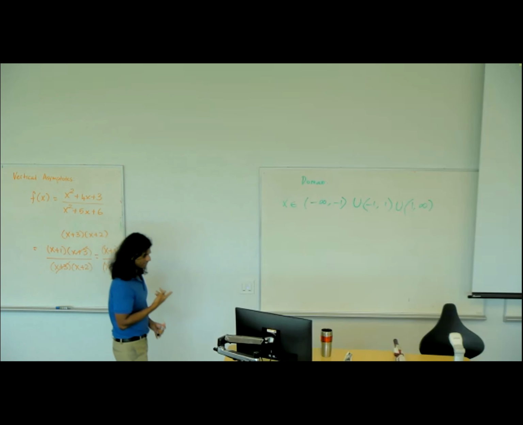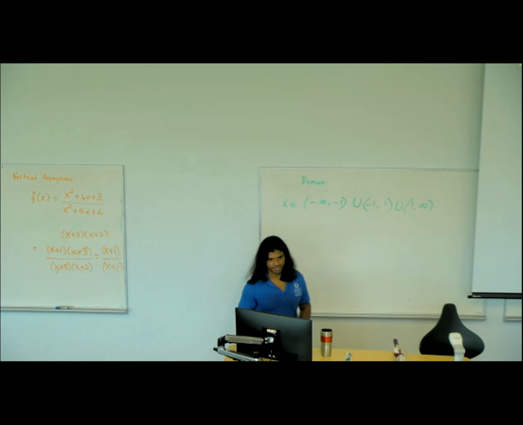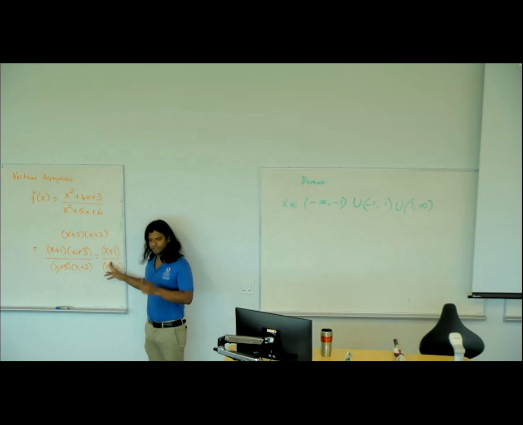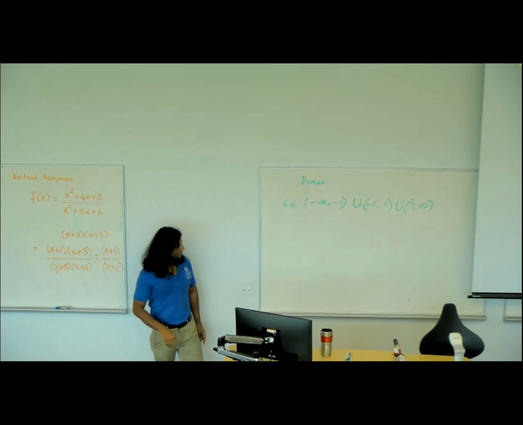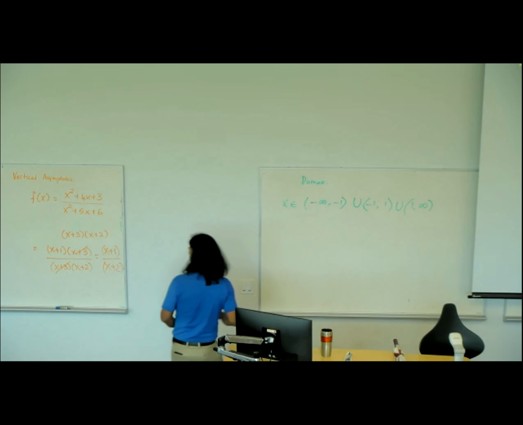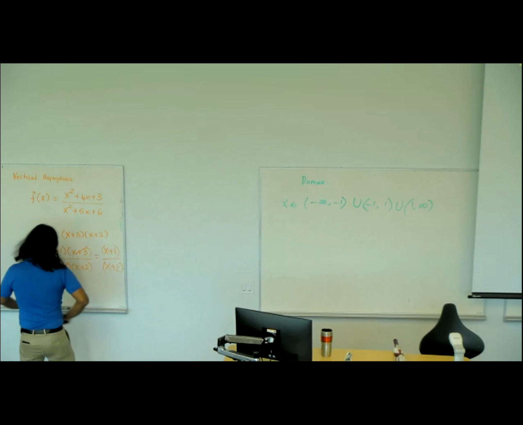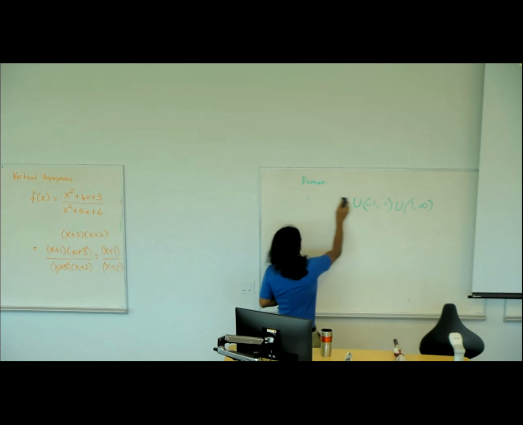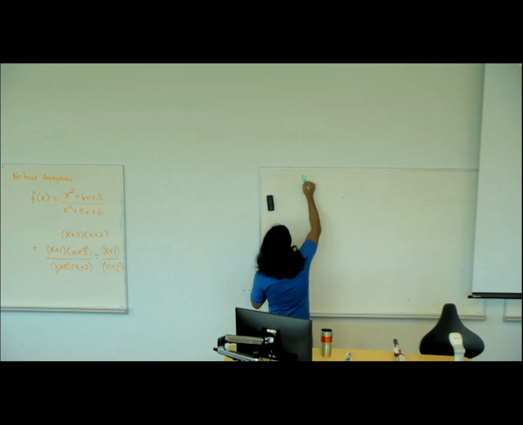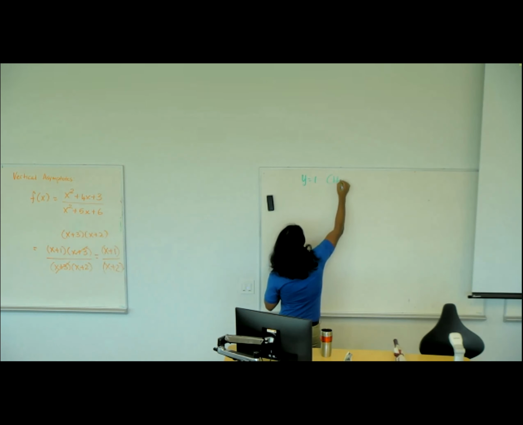The numerator degree and the denominator degree are one and the same. So you divide the coefficients, so 1 divided by 1, you get 1. So the horizontal asymptote is y equals 1.